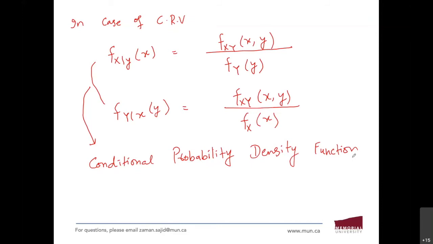That's because we are talking about continuous random variables. These are called conditional probability density functions. Folks, I need to go to the next slide, please.